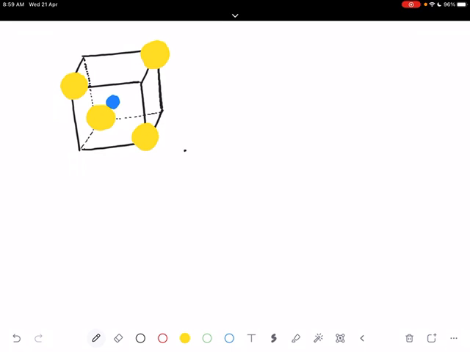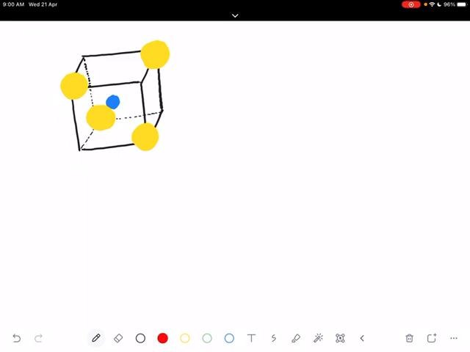Now you see this blue small cation is touching all the four. I cannot show that in the diagram. This blue cation, the smaller cation, which is kept inside this tetrahedral void, is touching all the four. And at the same time, all the yellow balls are touching each other. Now, what's the relation?